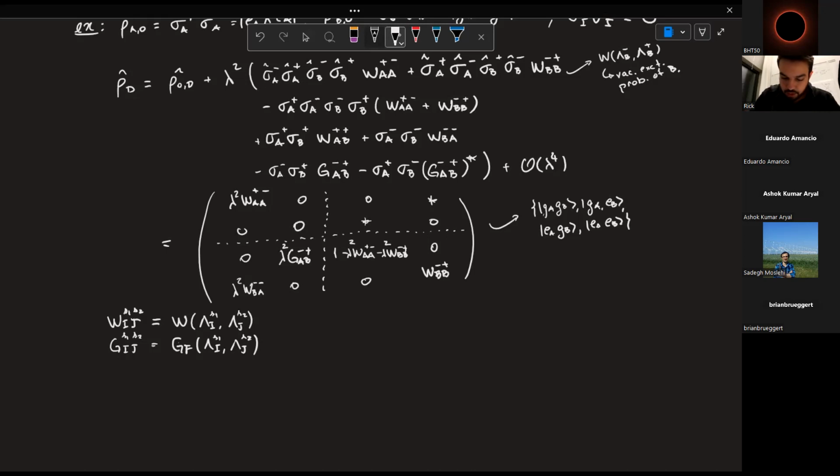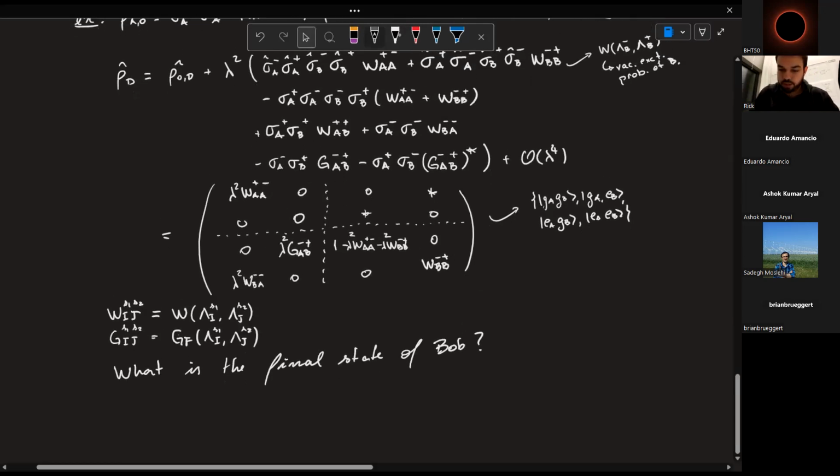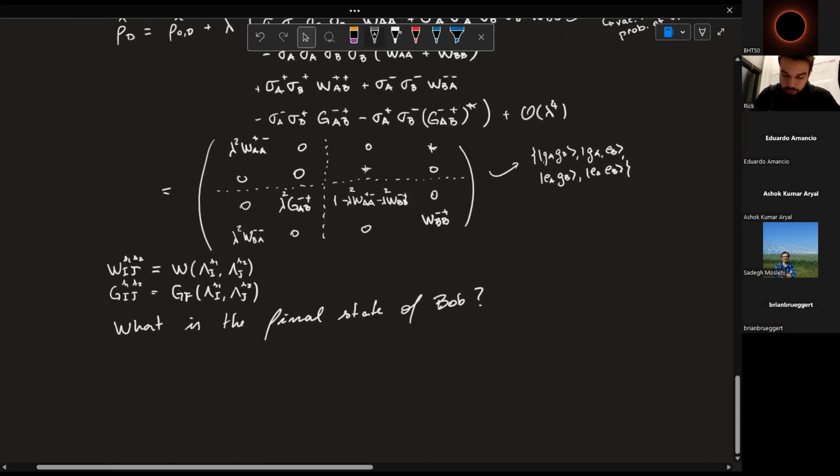So if we want to see what is the final state of Bob, then because Bob is associated with the inner structure of the matrix, basically what we have to do is to take the trace of the blocks, which is to add this matrix with this matrix. This is the trick that gives us the final state of Bob.